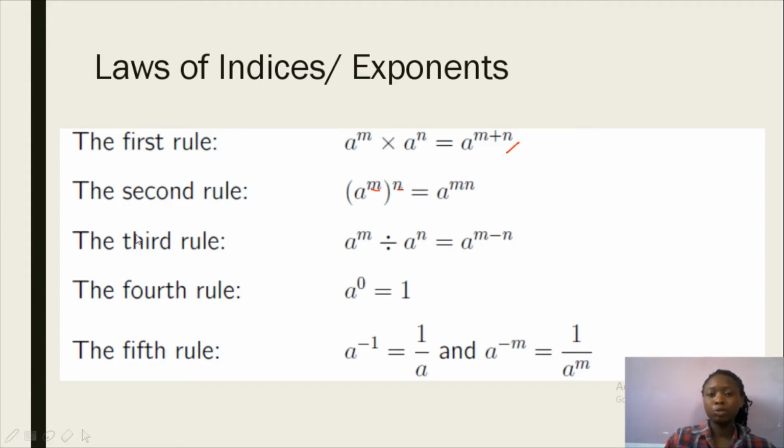The third rule says a raised to the power m divided by a raised to the power n is equal to a raised to the power m minus n. So when the two bases are dividing, we subtract the exponents.